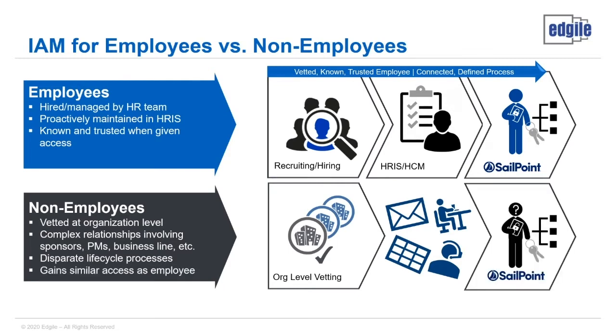The process is a little different, right? There's no system of record. There's typically a lot of email strings, potentially phone calls, potentially help desk tickets, very decentralized and different depending on the type of non-employee. But the goal is eventually, hopefully, to get them into SailPoint, so at least their access can be governed appropriately. But quite often that doesn't happen because there's not that system of record like there is for employees.